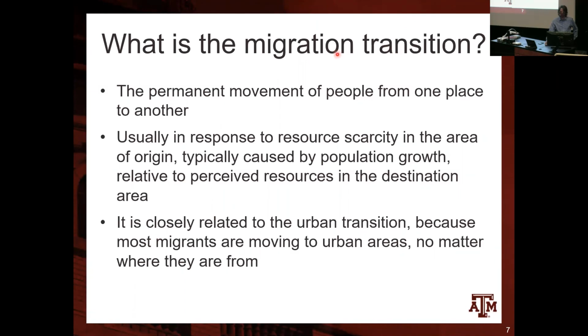Whenever you're talking about migration transition, with this concept of internal migration, it's usually related to the discussion about urban transition, people moving from rural to urban areas. And this thing about resource scarcity, the population gets bigger with fewer jobs for them and they move to other areas, it's really related to that neoclassical theory that we discussed before.